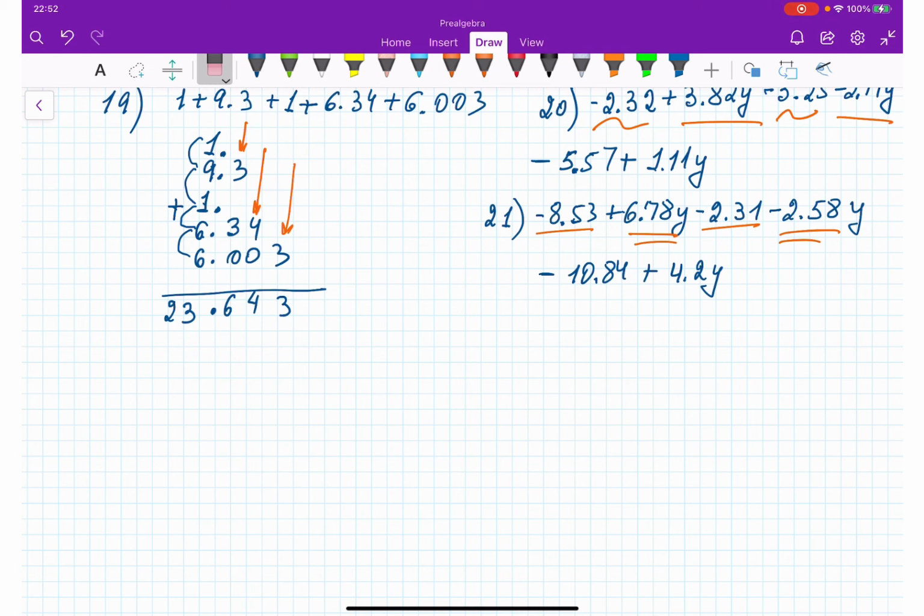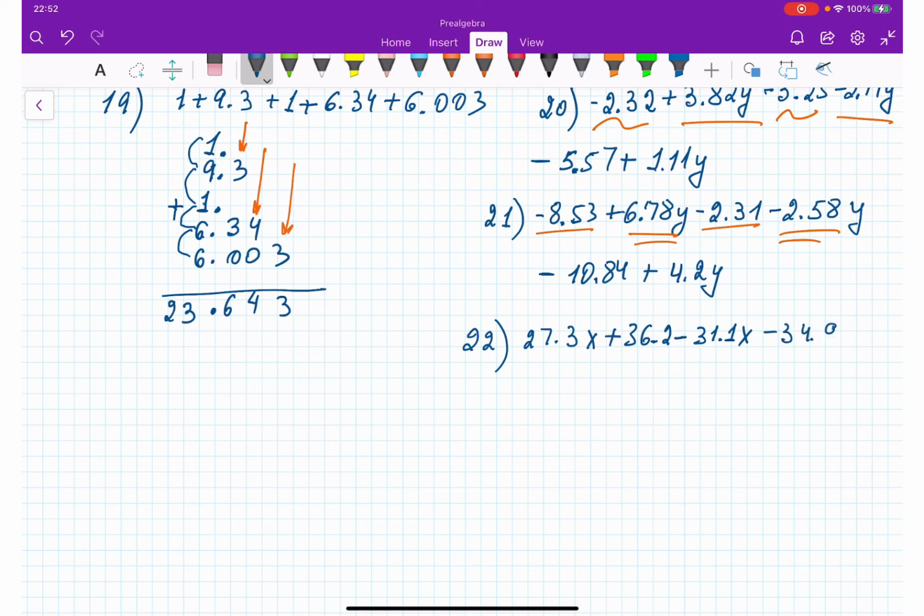Problem number 22. 27.3x plus 36.2 minus 31.1x and minus 34.9.